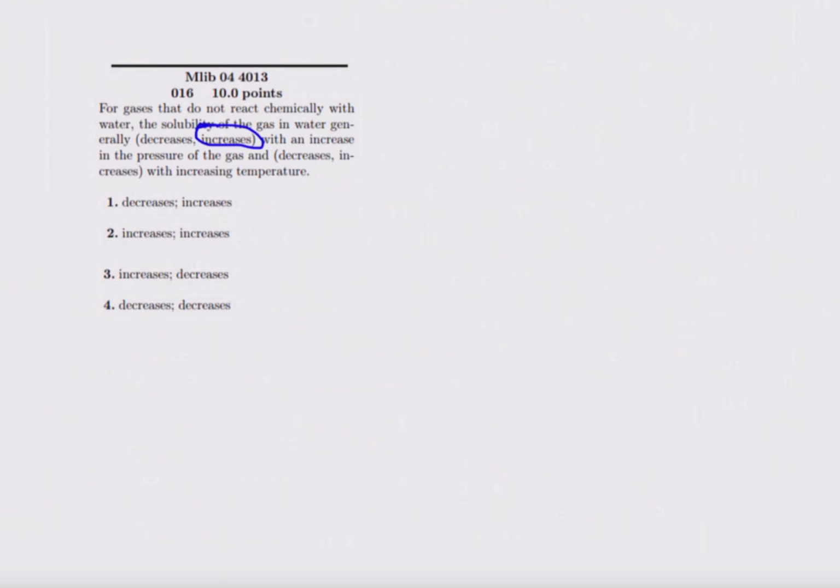That's why sodas and things like that are packaged under pressure, because it holds the carbonation in. If you increase the temperature, you decrease the solubility, because the gas is able to escape more readily at higher temperature because the particles have a lot more energy. So the correct answer choice here is increases with pressure and decreases with temperature.